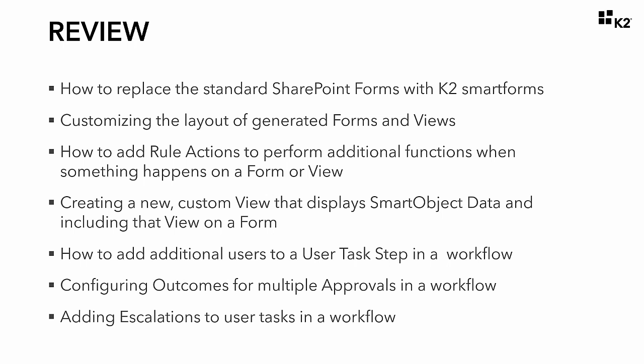Finally, we looked at the ability to add escalations to user tasks by sending an email message to the participants if they were late in completing their assigned task. These features just scratch the surface of what is possible in K2, but for now, knowing how to perform these basic tasks will get you further down the road to building applications for your organization.